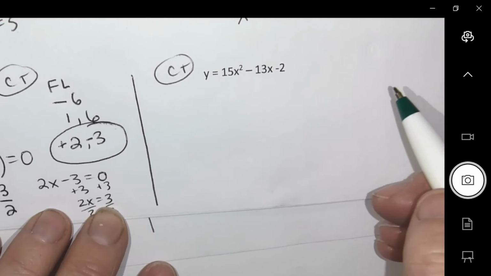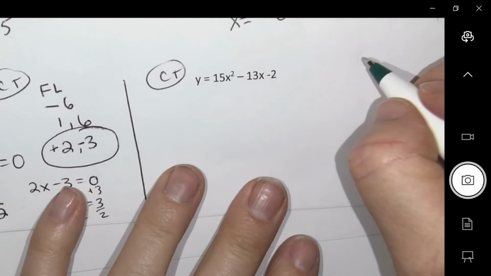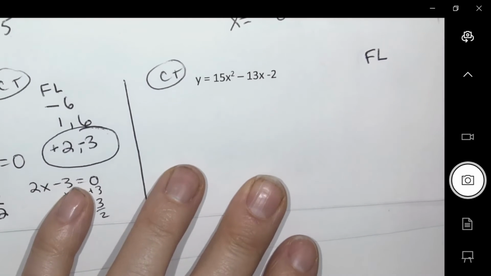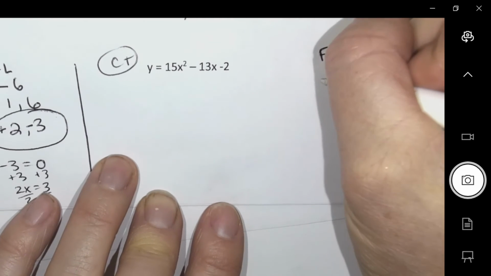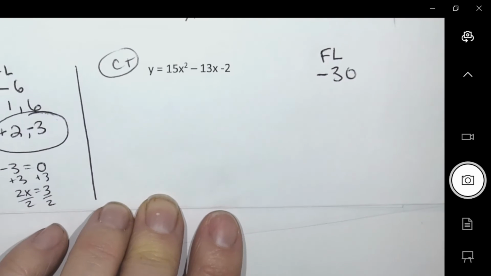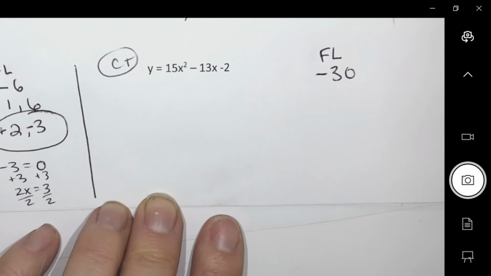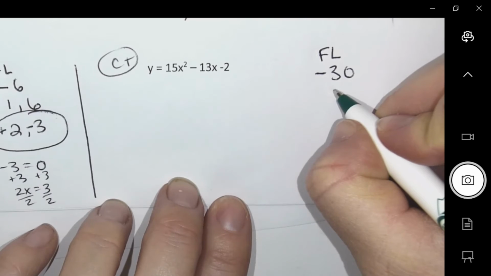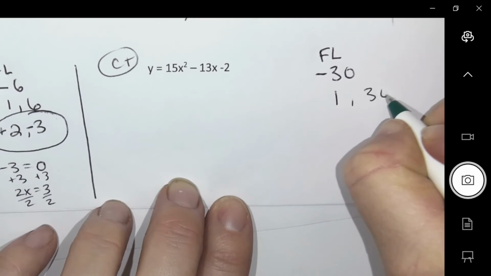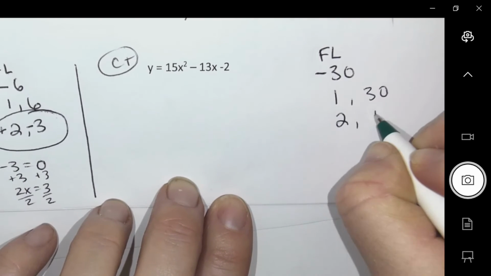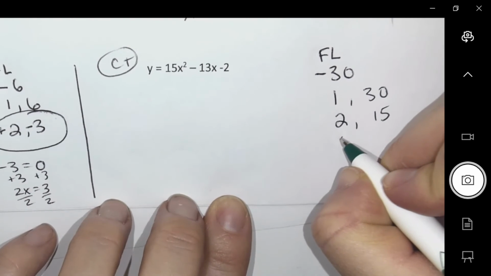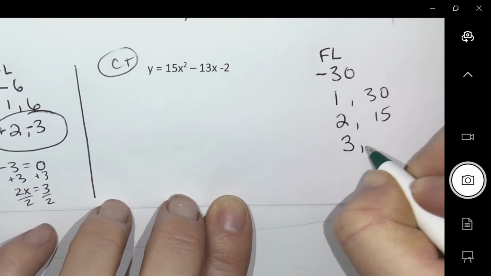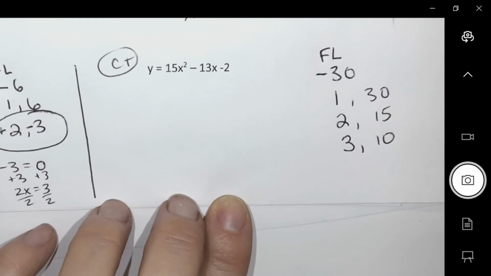Okay, one more complex. -30. So I could do a 1 and 30 combo. 2 times 15. What else we got? We have a 3 times a 10.